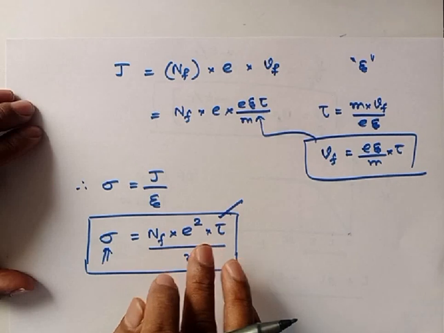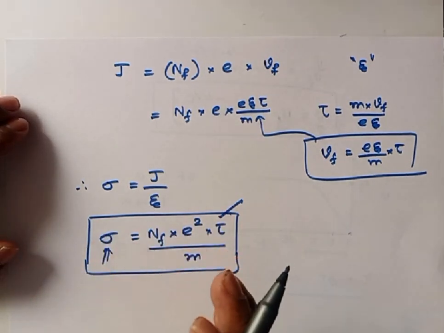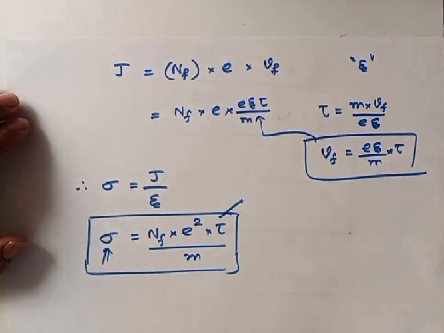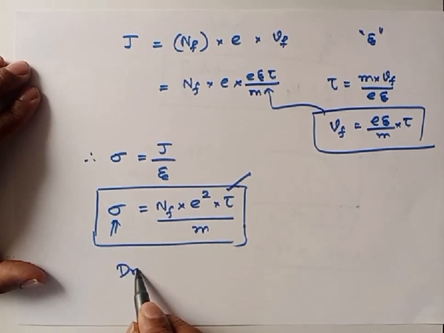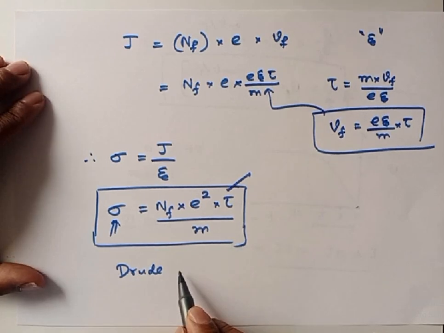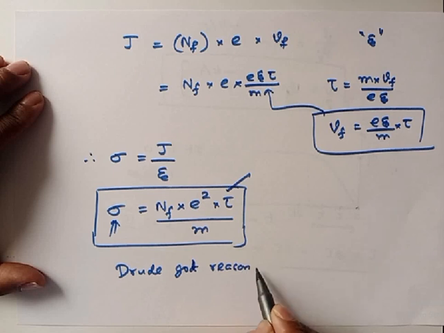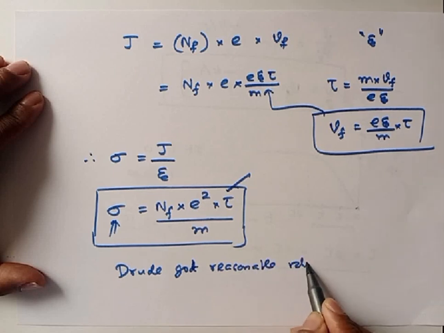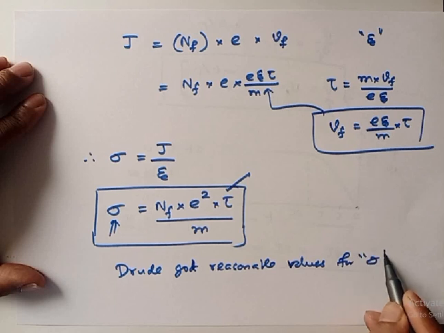Using this, Drude calculated the conductivity of the different metals, and those values are reasonable compared with the experimental values. So Drude got reasonable values for sigma.